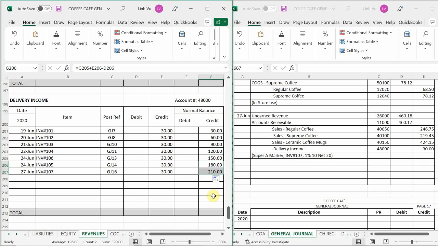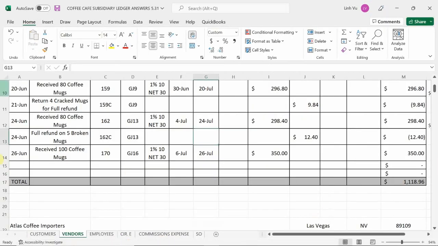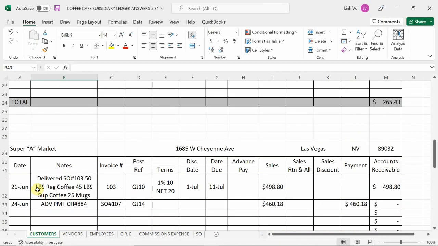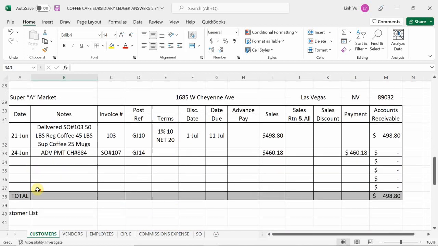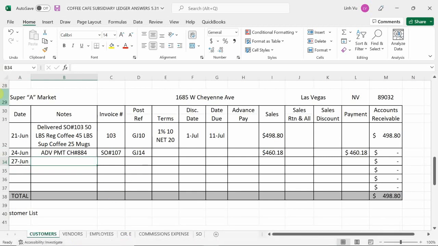And then we go to subsidiary and we update the customer. We delivered invoice 107.